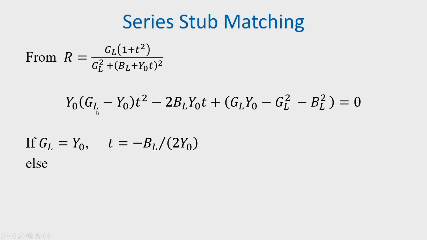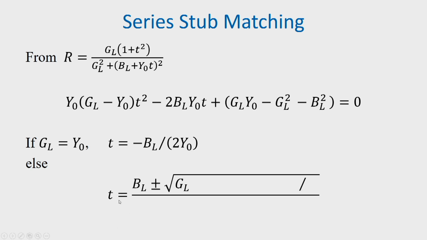So, this is a specific case when G L equal to Y naught. If G L is not equal to Y naught, then we can solve t using the standard solution for a quadratic equation, and we can write t in this form.